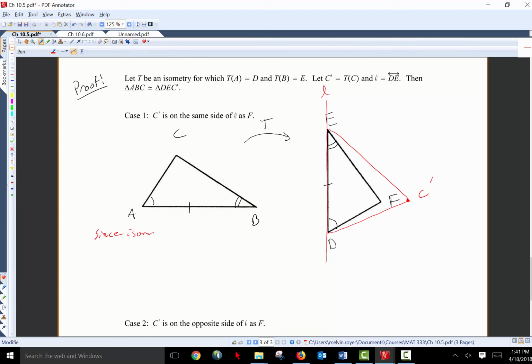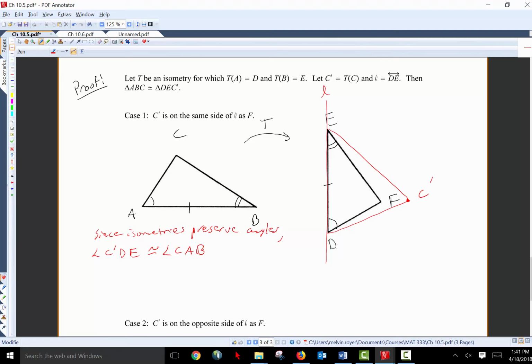Since isometries preserve angles, I know some other things. I know that angle C prime DE is congruent to angle CAB. Why is that?